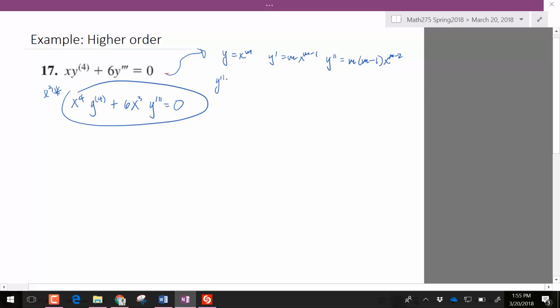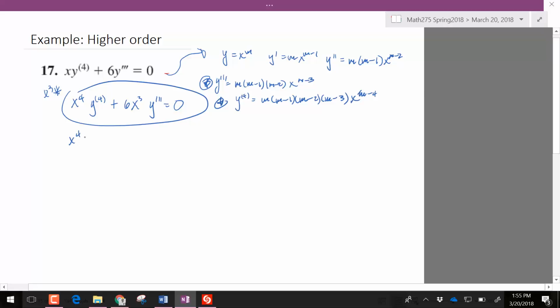Third derivative is going to be m times m minus 1 times m minus 2, x to the m minus 3. And then the fourth derivative is all that stuff with an m minus 3, and then we have x to the m minus 4.